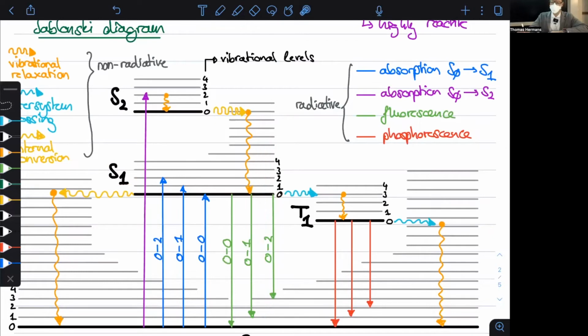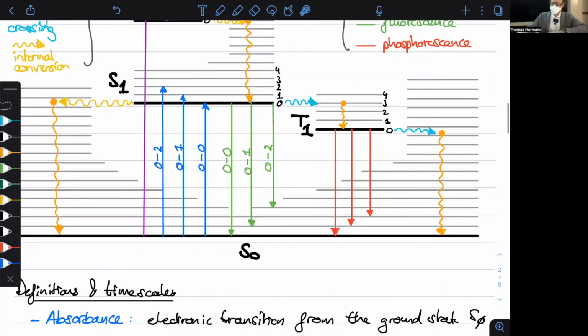Why not? Because this is, you know, thousands and thousands of times faster than fluorescence emission. So as soon as you hit one of these states, it immediately relaxes to the lowest vibrational state. And then from this one, it can emit. Okay, that's Kasha's rule.